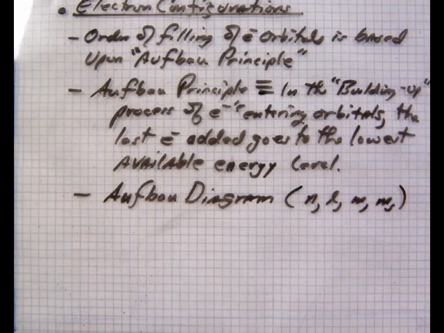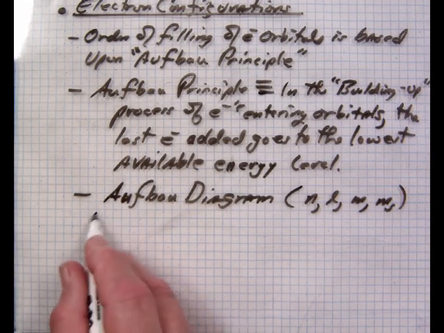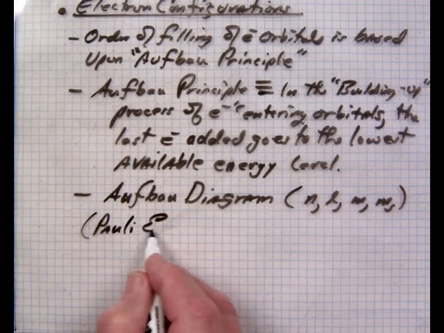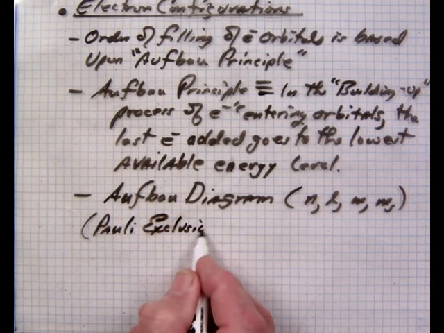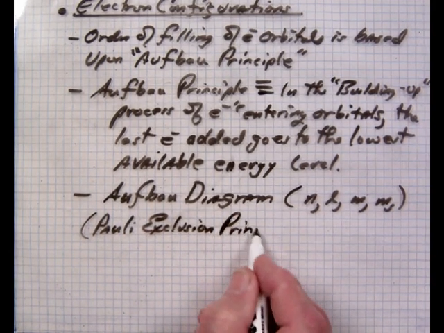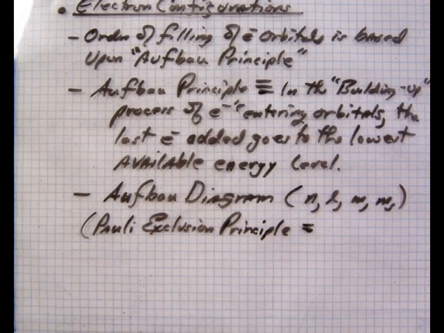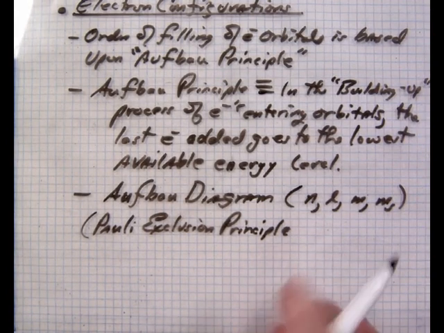Now, one of the things you're going to learn as we go through this is that no two electrons, that's called the Pauli exclusion principle. I'll put that in right now because it's very important. It says that no two electrons have the same set of 4 quantum numbers.